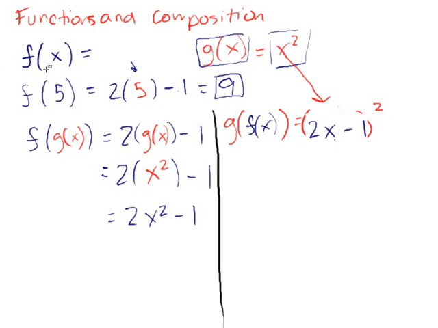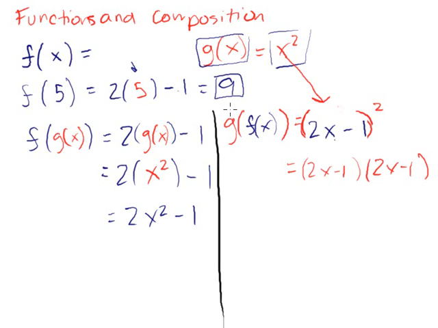Right? So now what do we do? Well, now we just work this out. So what does it mean to have 2x minus 1, the entire thing, squared? Yeah, it just means to multiply it by itself. So this is just going to be 2x minus 1 times 2x minus 1.